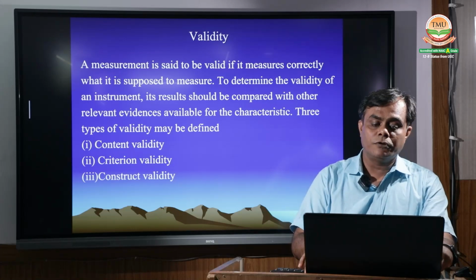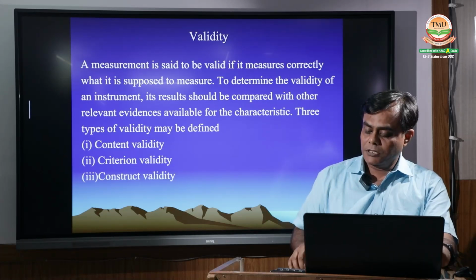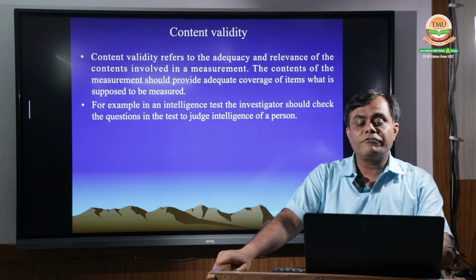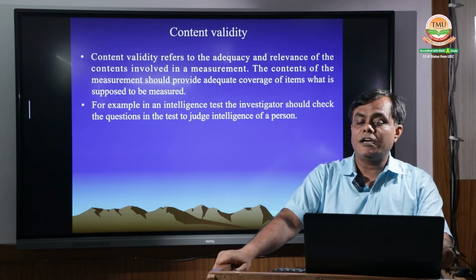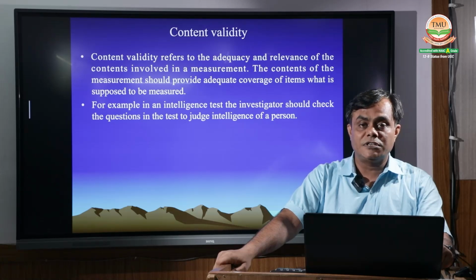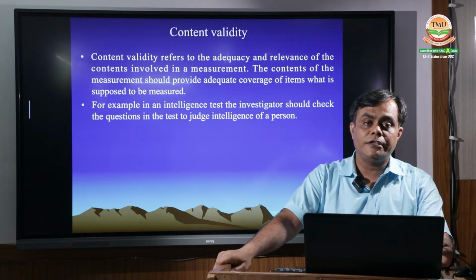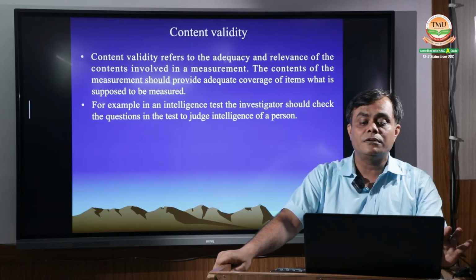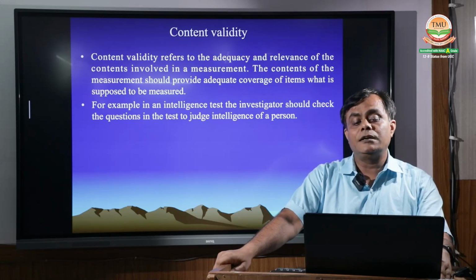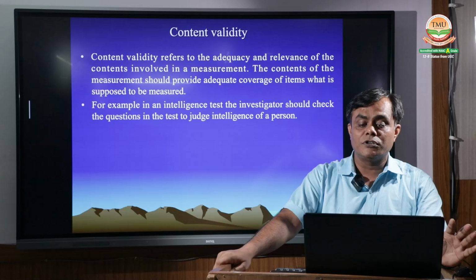First we go with content validity. Content validity refers to the adequacy and relevance of the content involved in the measurement. Whatever content you use in the measurement, its adequacy and relevancy to your study matter.